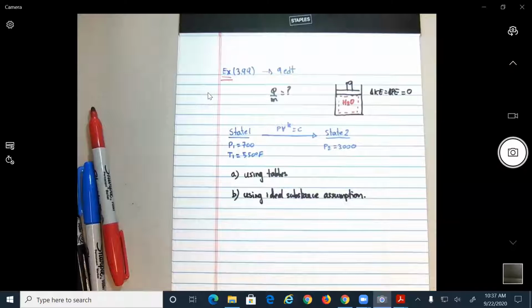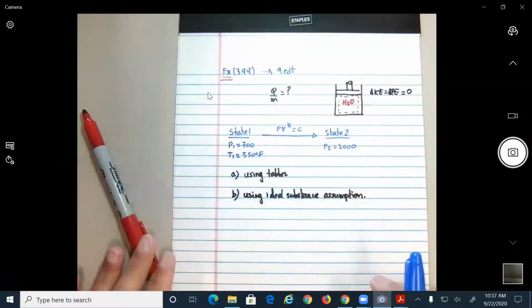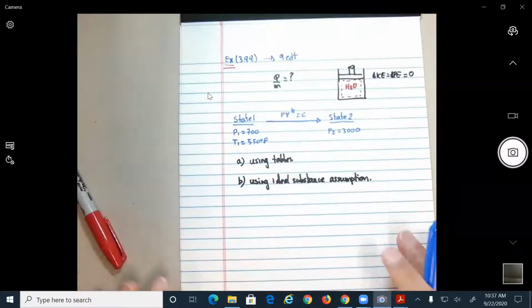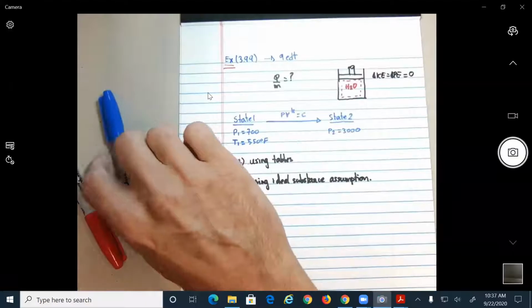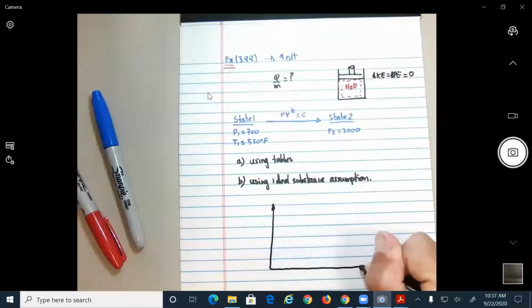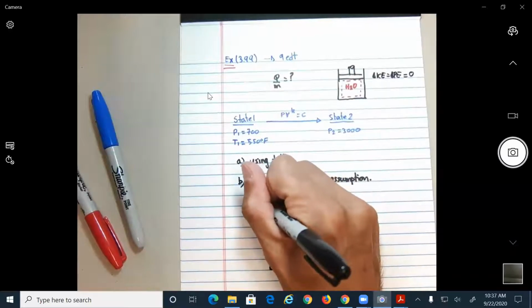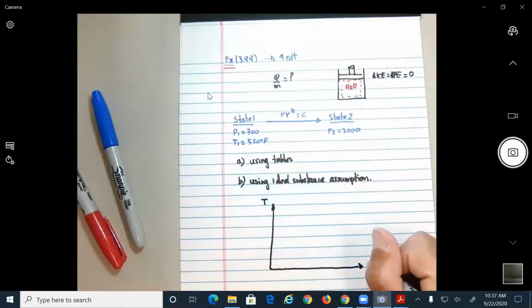Okay, so once again, what do we need to do? We need to do the figure. This is the most important part of the problem. No clear figure on the exam, you're not going to get many points, I'll tell you right now, but that's not for the first exam. In this case, for a change, let's look at a TV figure. I put the U because we're going to need internal energies as well.